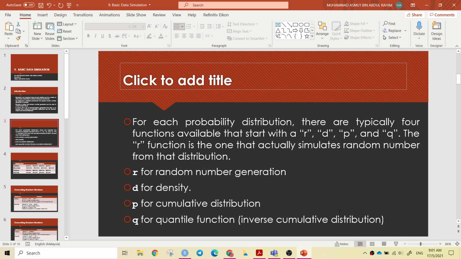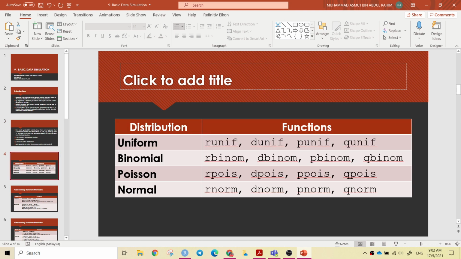For example, if you put R in front of the distribution, it is for random number generation. If you want the density of the probability distribution, you put D, P for cumulative, and Q for the quantile function. So that's the example, and this is what the function looks like.